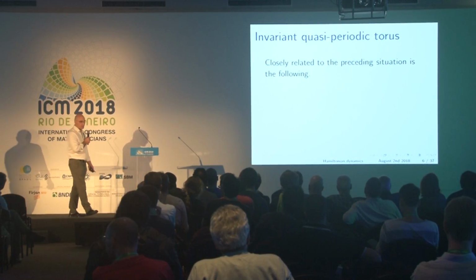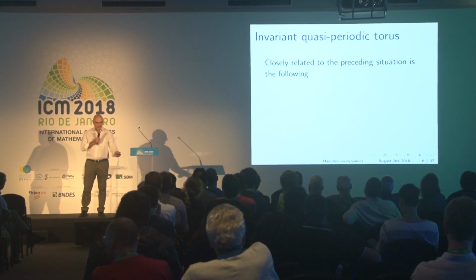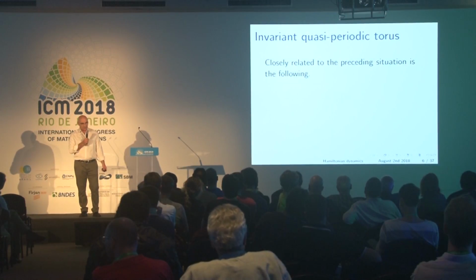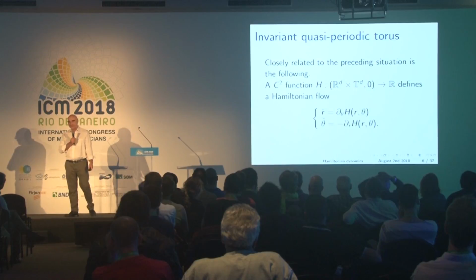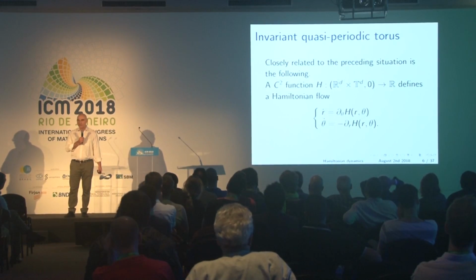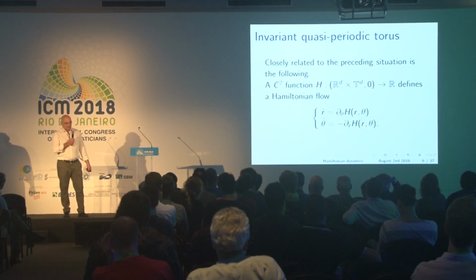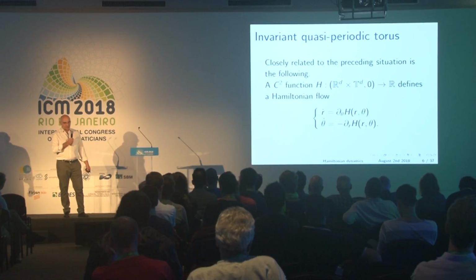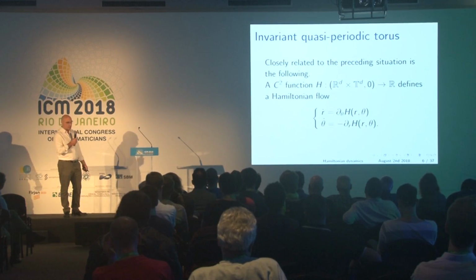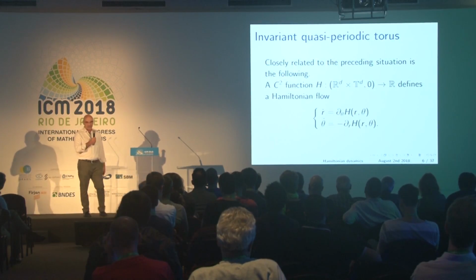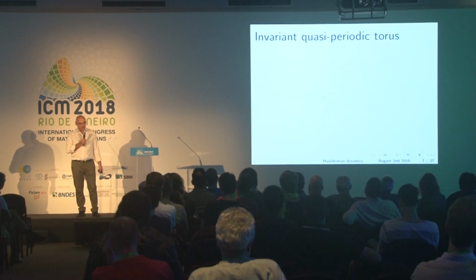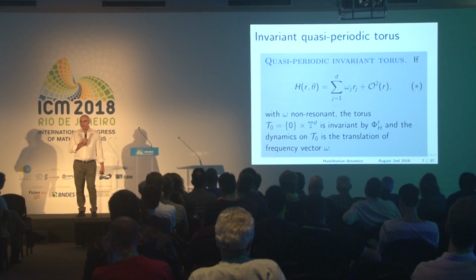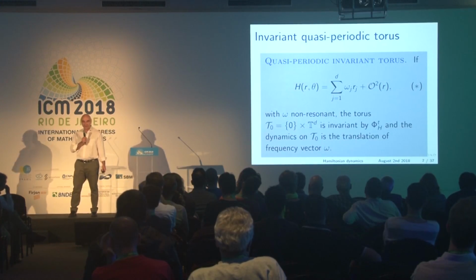Similarly, we can define similar things in a quite closely related situation. We take a C² function from R^d times T^d, where T^d is the d-dimensional torus, and we look at the Hamiltonian differential equation: r dot is equal to ∂_θ H, and θ dot is equal to minus ∂_r H. For this kind of system, we can define the notion of invariant torus.